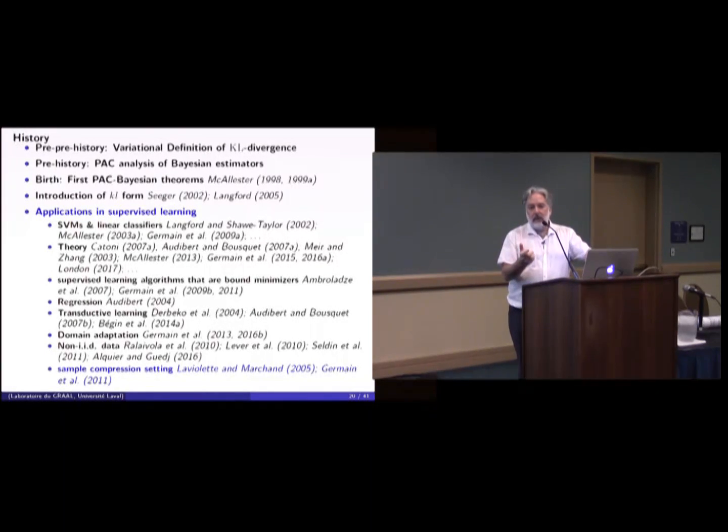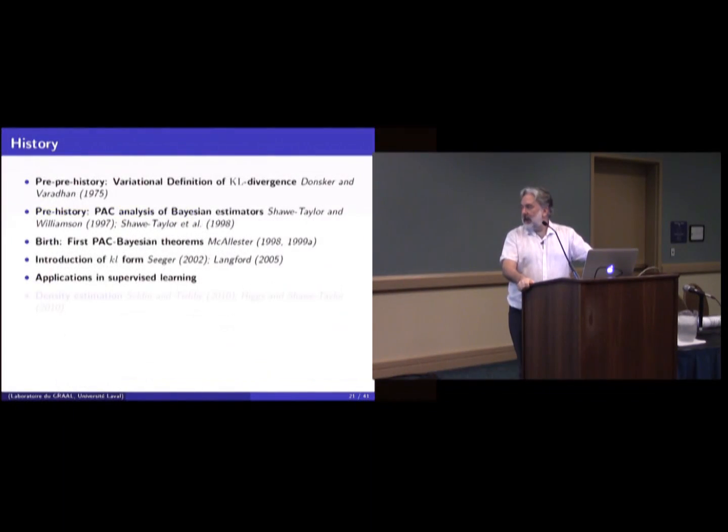This is quite tricky because you cannot have a prior on something that you cannot have seen yet. But there's a way to do that: you make a prior on all the possible ways of constructing your voters, and you can have this interesting sample compression setting that can be analyzed through PAC-Bayes. So this is for supervised learning.